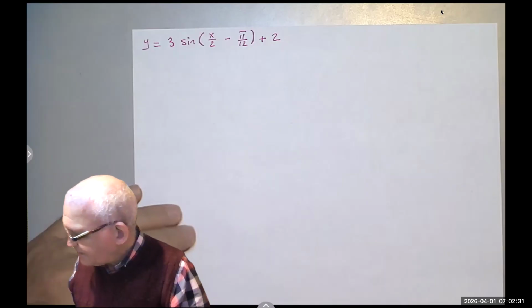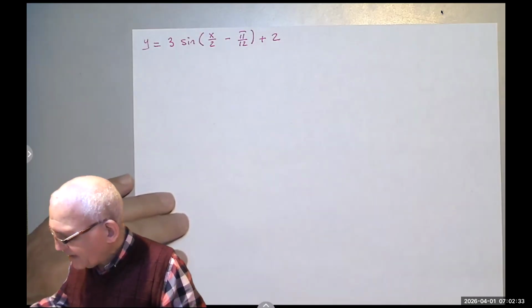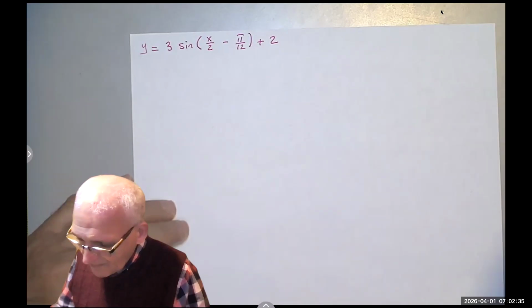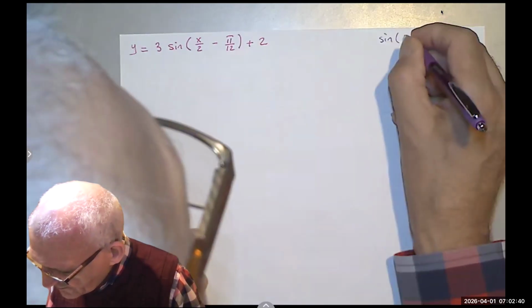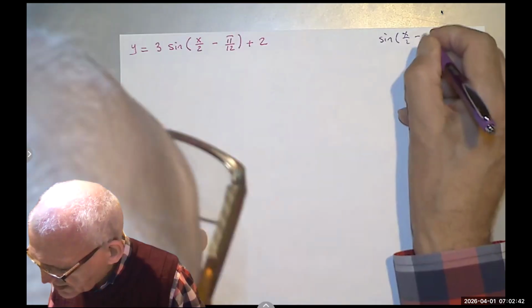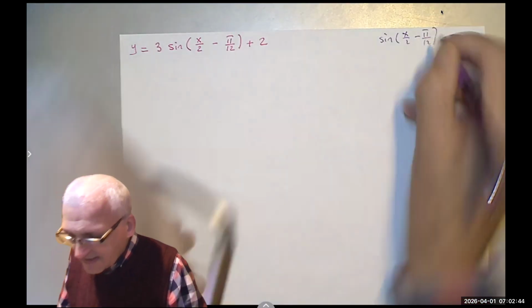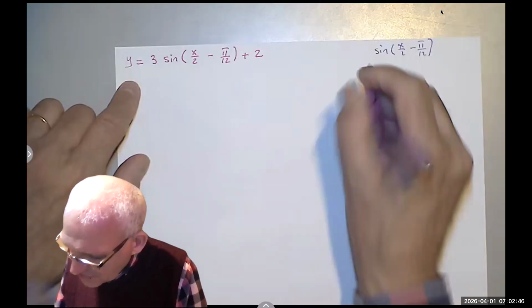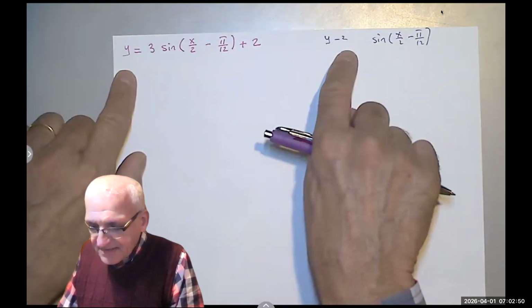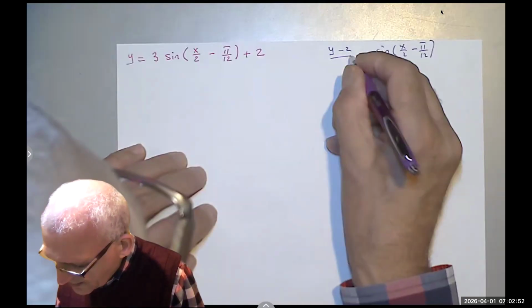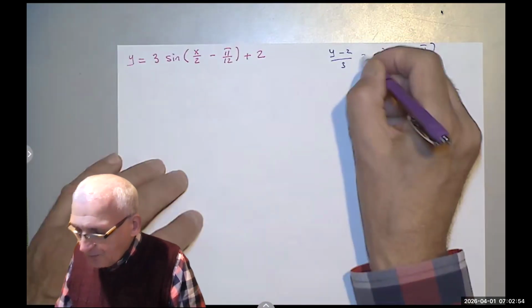So I will say, okay, here is sine of x over 2 minus pi over 12. Everything else moved to the other side. So that would be y minus 2, and I subtract 2 from both sides, and then I divide both sides by 3. That's exactly what I have.